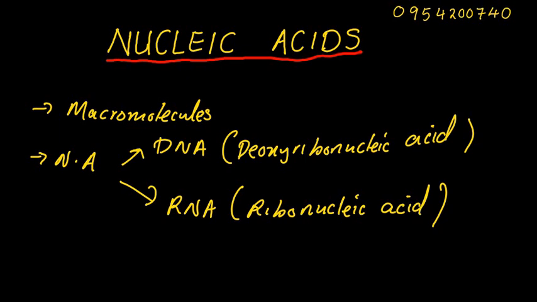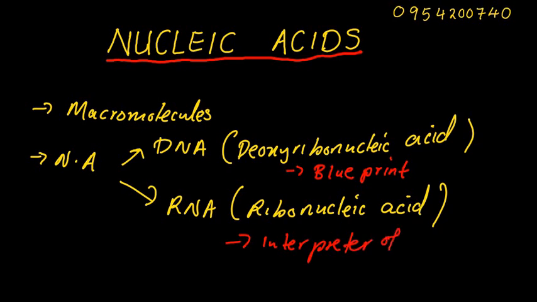The difference between the two is that DNA is the blueprint of the information that needs to be transferred from a parent to an offspring. RNA is like an interpreter or a reader. So we say this is an interpreter of DNA. That's basically what we are saying.